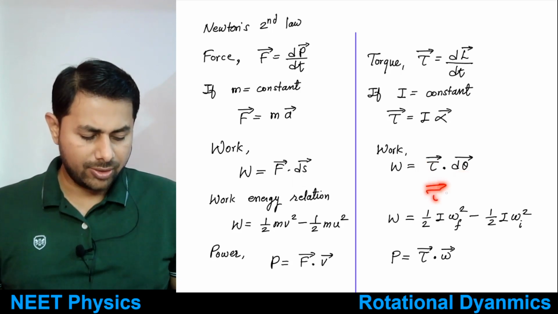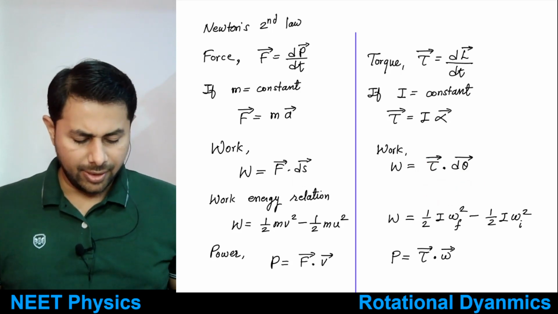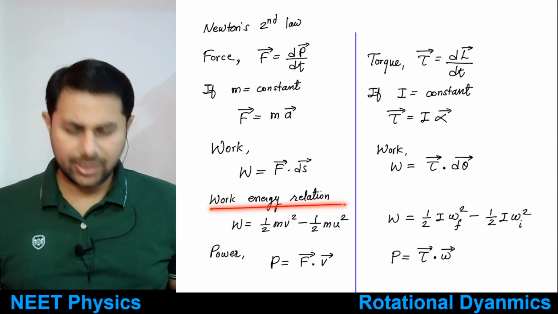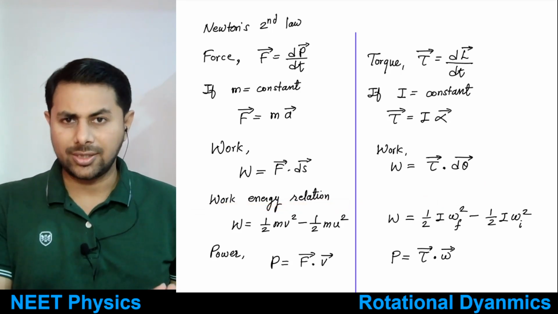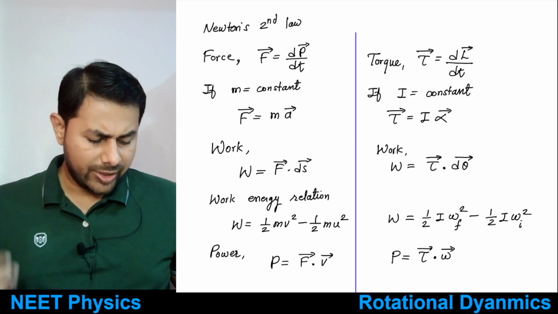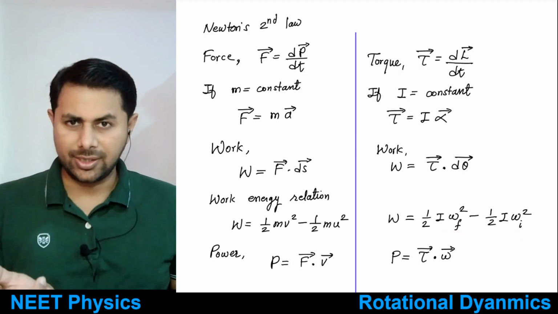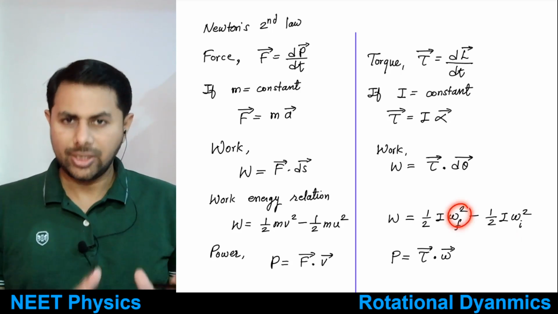So it is the dot product of torque and d theta. And the work energy relation: work done is equal to change in kinetic energy. The work energy relation remains the same, but the formula changes because we need to write it in terms of rotational motion.